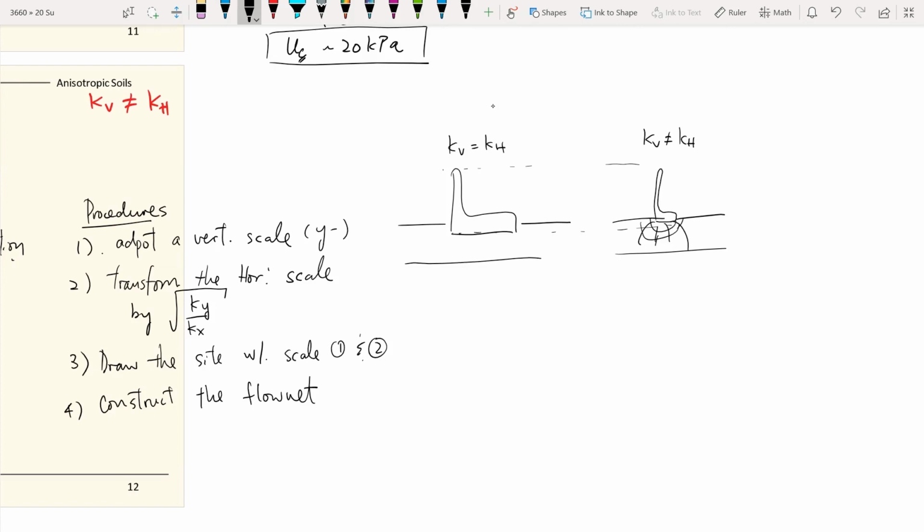Based on this flow net, you can now do your computations, but now everything comes with the scale factors. You can still calculate the same amount of flow, but now you need to take care of the scale factor.